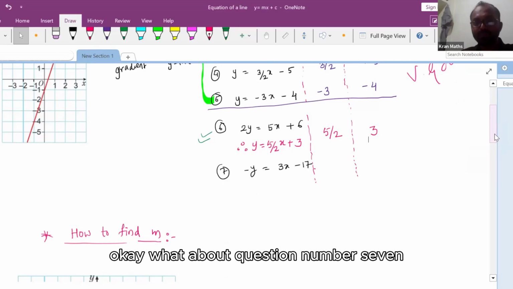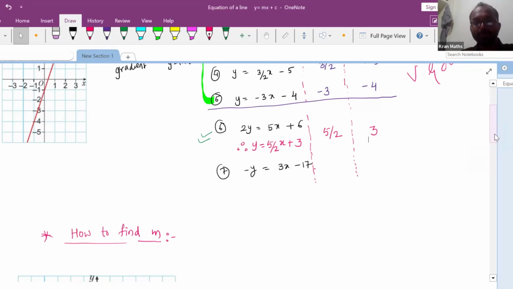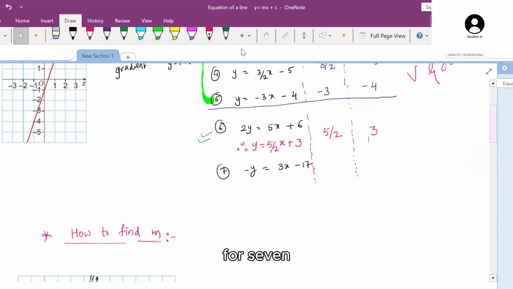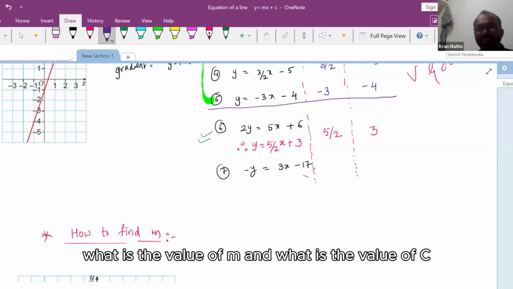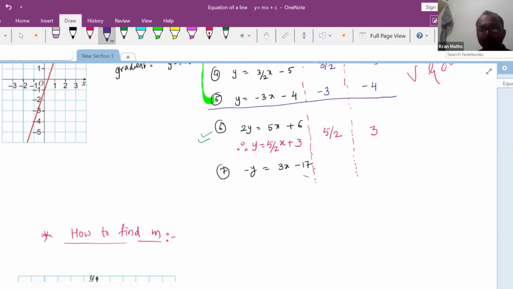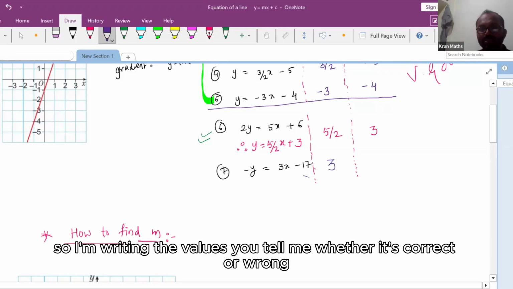What about question number 7? For 7, what is the value of m and what is the value of c? I'm writing the values. You tell me whether it's correct or wrong.